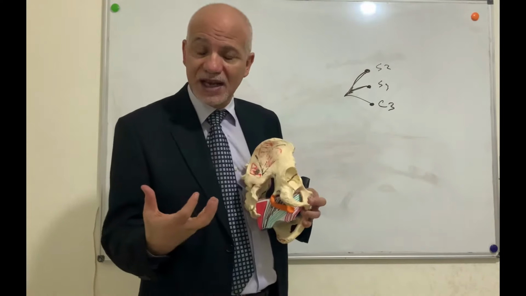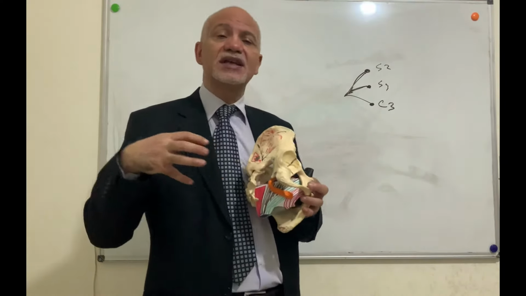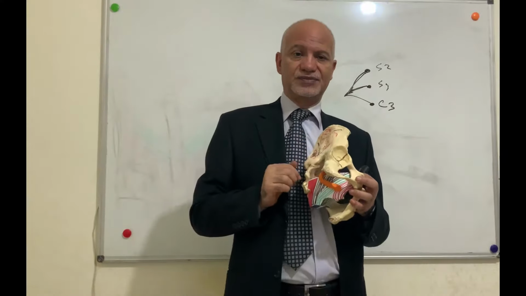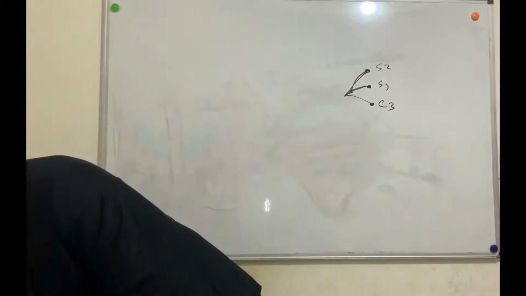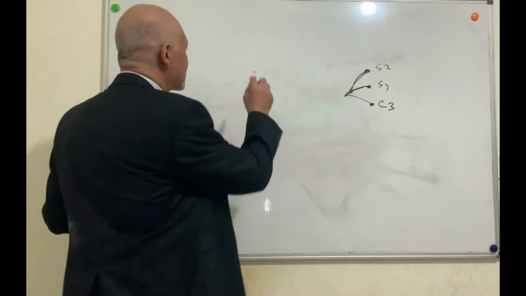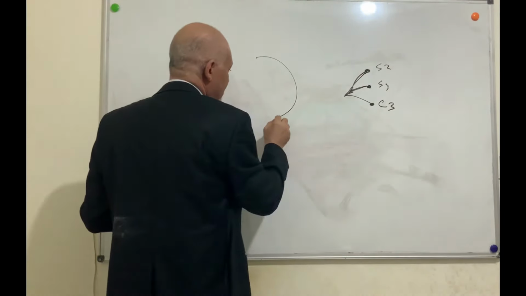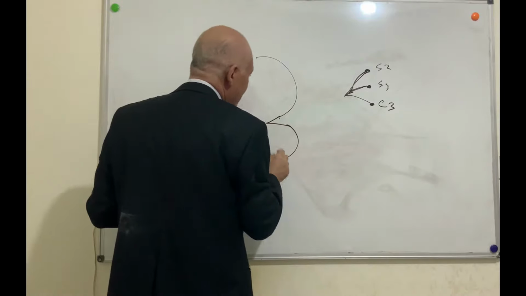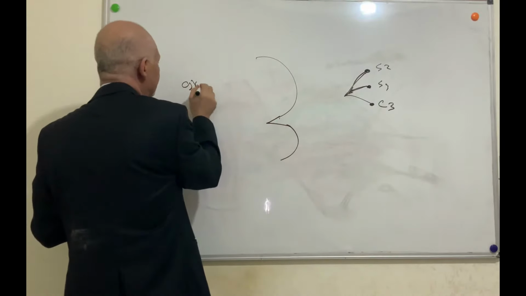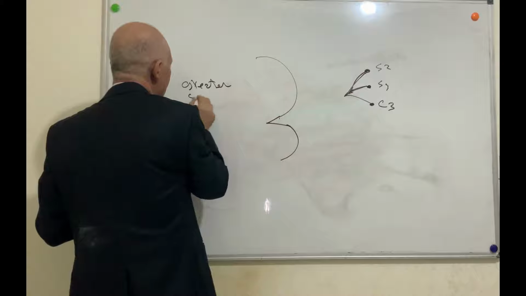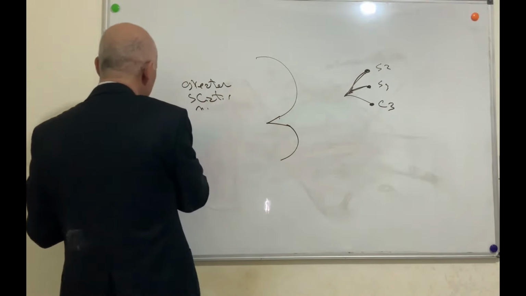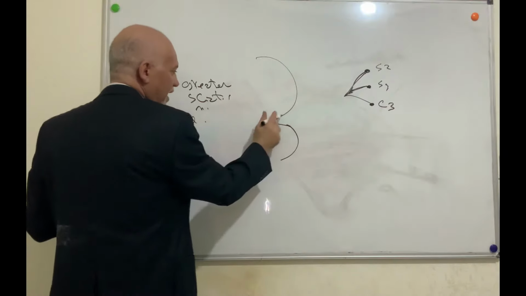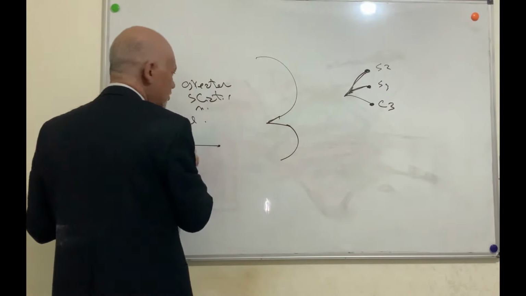What is the pudendal canal? The pudendal canal is present inside the obturator fascia. Again, suppose this is the greater sciatic notch, this is the ischial spine, and this is the lesser sciatic notch.